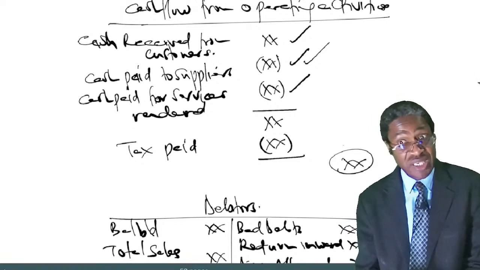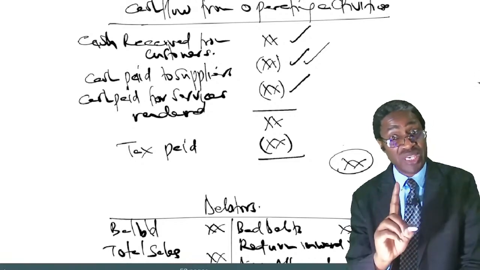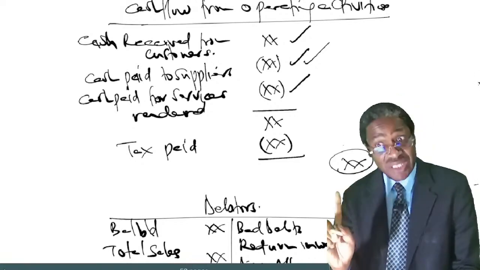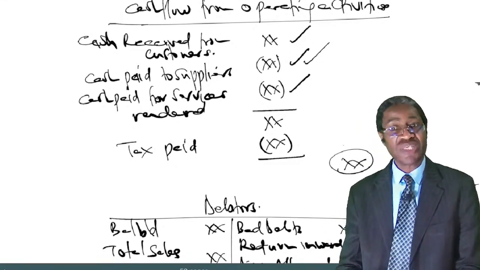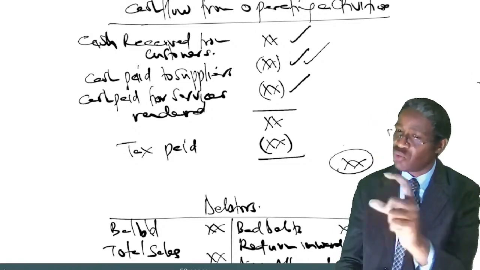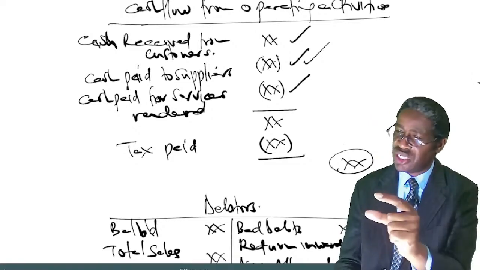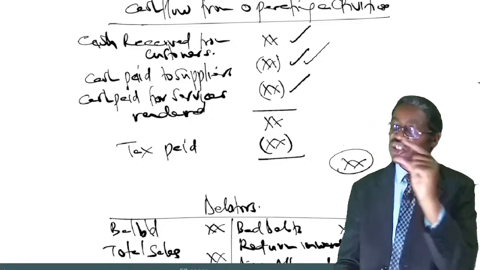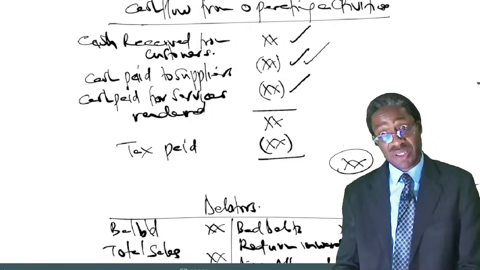That's why we are not saying cash paid to creditors. We are saying cash paid to suppliers, not cash paid to creditors. Good.